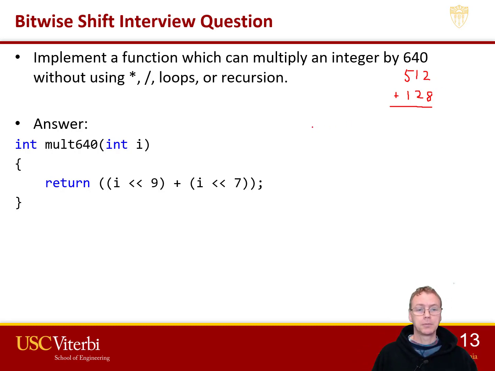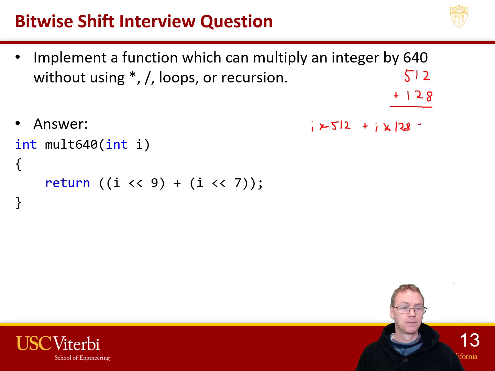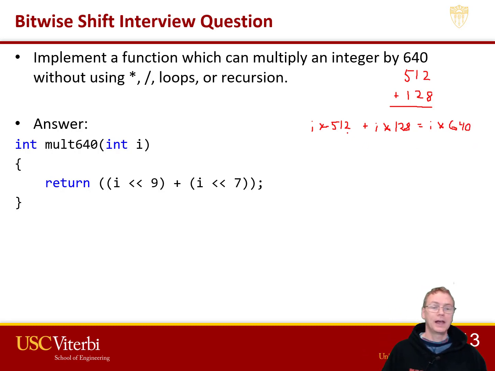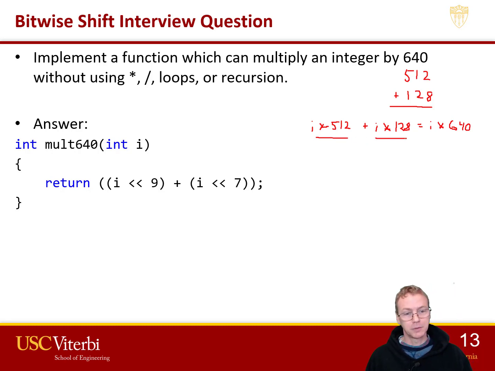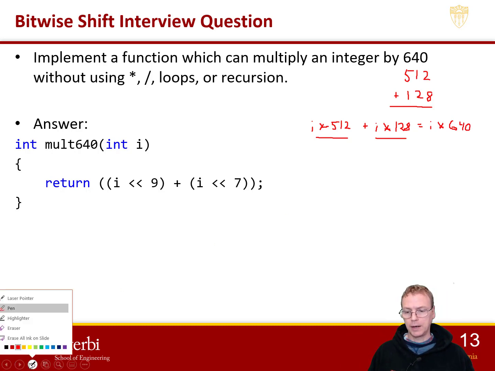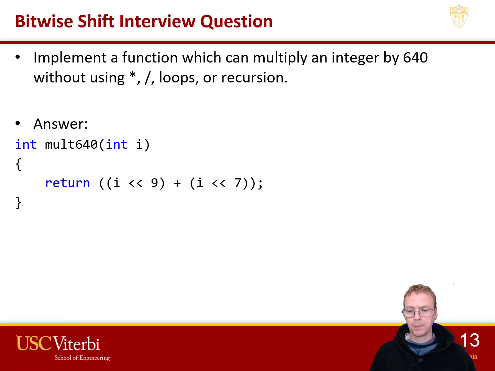So if I take I times 512 and I add I times 128, from the distributive property, that is I times 640, right? And so this can be done with shifting, and this can be done with shifting, and that's the trick. Okay, so that's the trick for that one, just in case it pops up.